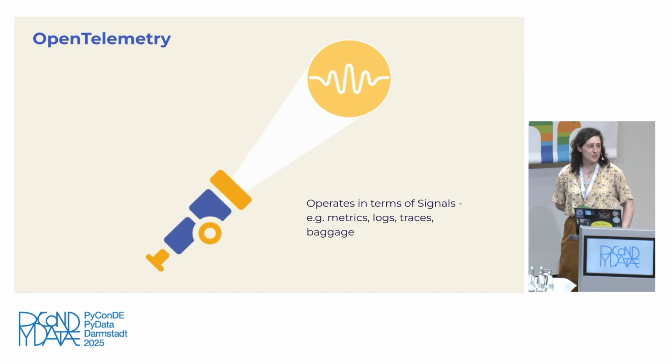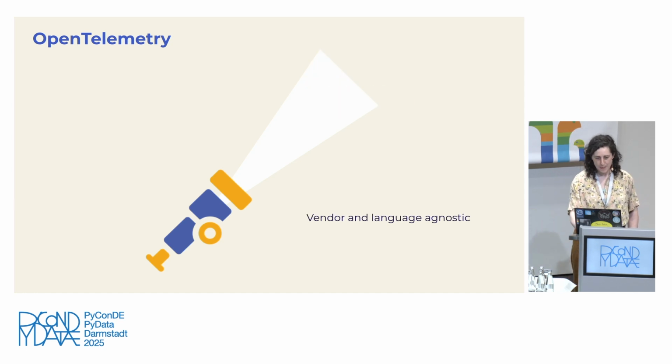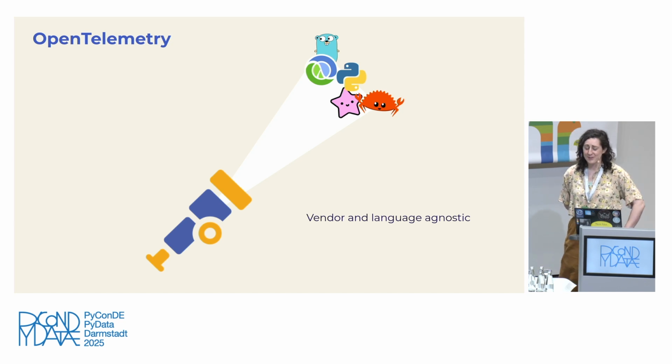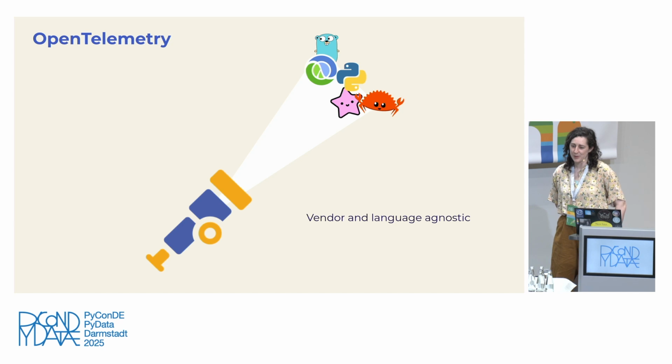These signals can be exported from applications, and then collected and processed, and then eventually explored in different ways. Most importantly, it provides a unified framework for observability, which is both vendor and language agnostic.